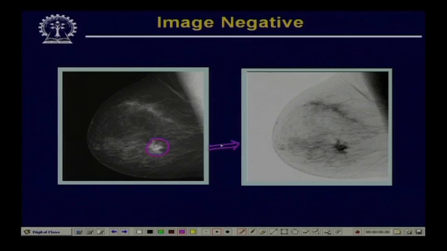This kind of transformation, the negative transformation, is very useful in medical image processing. This is just an example which shows that for understanding this particular digital mammogram image, the negative transformation gives us much more information than we have in the original. As we said, this may be the transformation best suited for this particular application, but it may not be the best transformation for other kinds of applications.